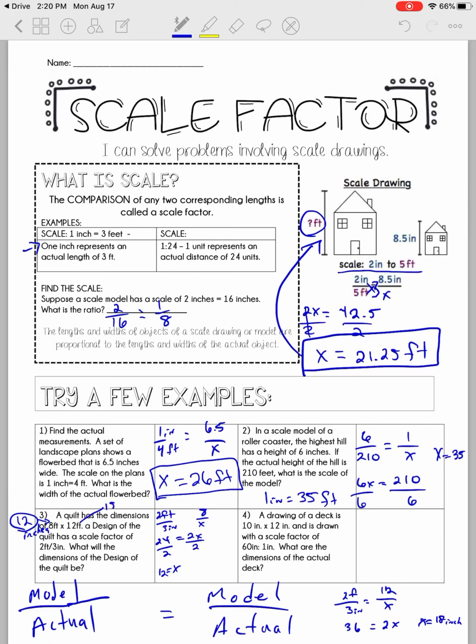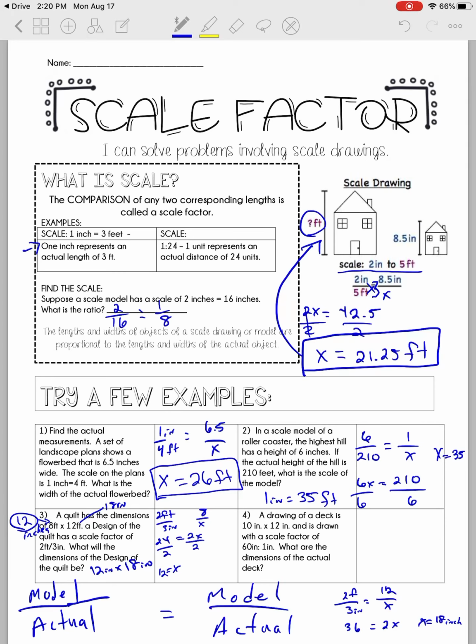In our case, 18 inches. So the dimensions of the design of the quilt, or the model of the quilt, will be 12 inches by 18 inches.